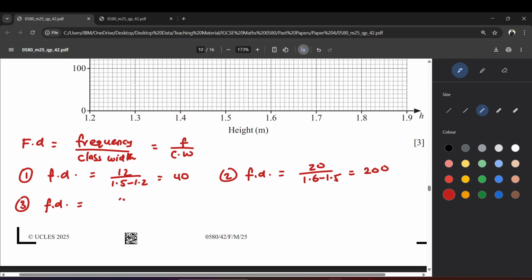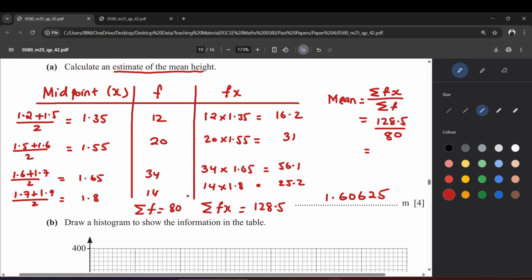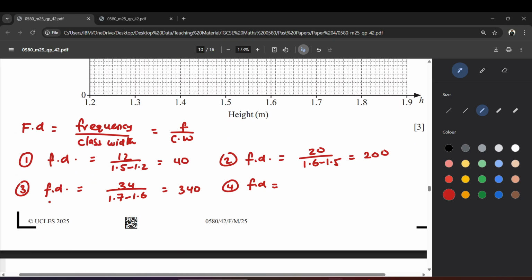So 34 divided by 1.7 minus 1.6. So that should be 340. And for the fourth one, we have 14 our frequency and 1.9 minus 1.7. So 14 divided by 0.2, that should give us 70.